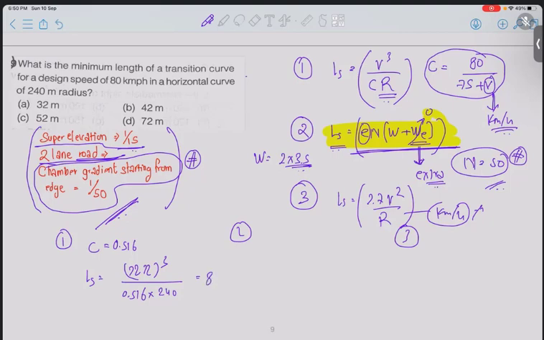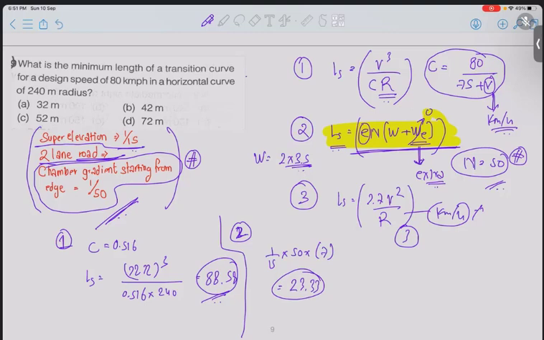We have 88.58. Second is E, 1 by 15, into N, that is 50, into the 2-lane road width, that is 7. How much do we have? 50 into 7 divided by 15. It is 23.33. Okay, maybe I didn't do this properly. Fine, we'll see what we get.